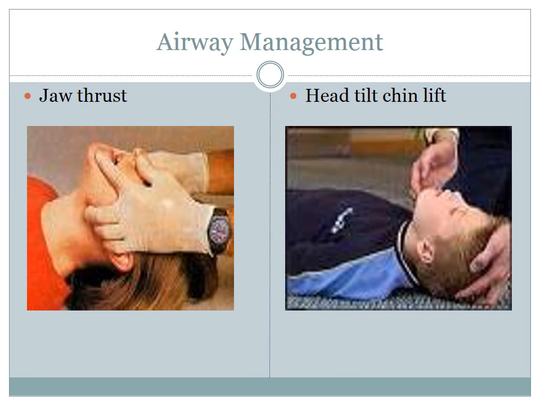So airway management. We've been doing this for years. We all know this. As you can see, the head tilt, chin lift is the one we've been doing for years and years and years. The only problem with that is if we think that our patient could possibly have a spinal cord or cervical spine injury, we do not want to be tilting heads and lifting chins and stuff like that. So we would have to do the jaw thrust, where we do not touch, we do not move the actual neck or spine.